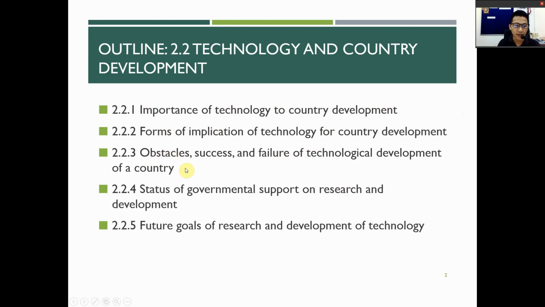Third, obstacles, success, and failure of technological development of a country, which is Thailand. Number four is the status of governmental support for research and development. And the last one will be future goals of research and development of technology, especially in Thailand. So we'll go into detail in each of these topics.